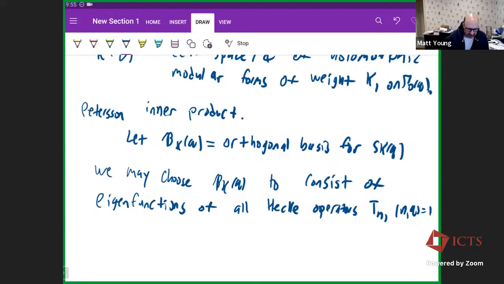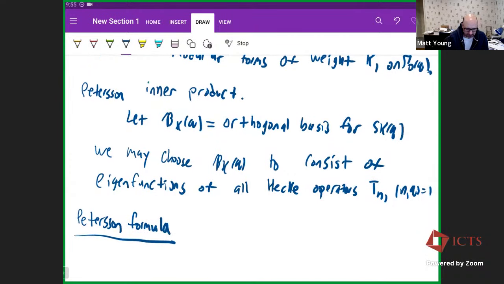Okay, so then there's this Petersson formula, which I'm not going to prove. It would take too long, and we'd run out of time. But for a proof, you can see Iwaniec's book, Topics in Classical Automorphic Forms.